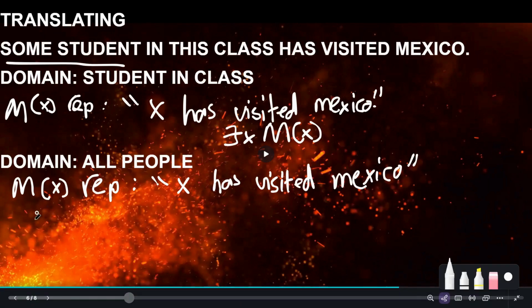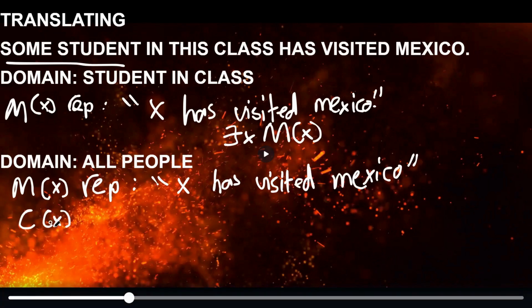And the next one, C(x): for all people, x is a student in the class. So x is a student in the class, and the domain is what? X is a student in this class.